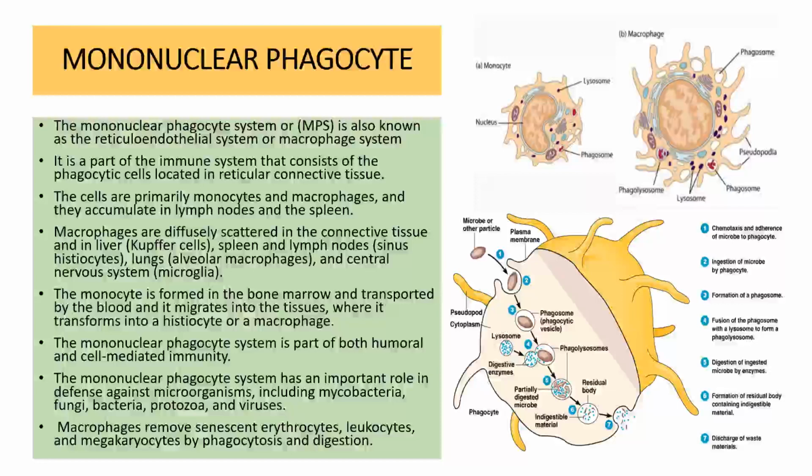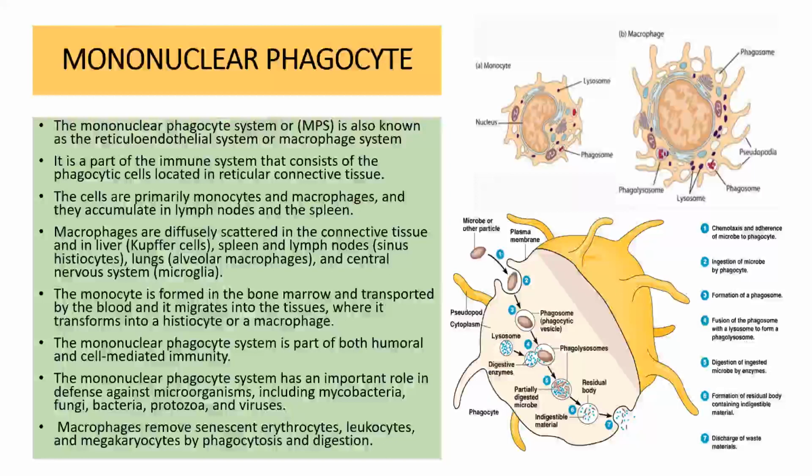Now, in the second diagram, you can see the process of phagocytosis. The microbe enters into the phagocyte with the help of endocytosis and forms a phagosome. This phagosome fuses with the lysosome to form the digestive vacuole or phagolysosome. The lysosome secretes enzymes on the bacteria or the microbe and digests it.